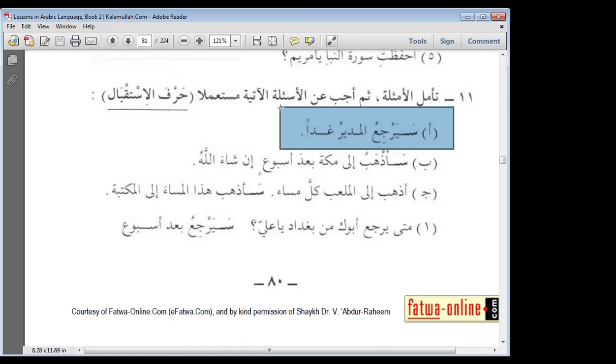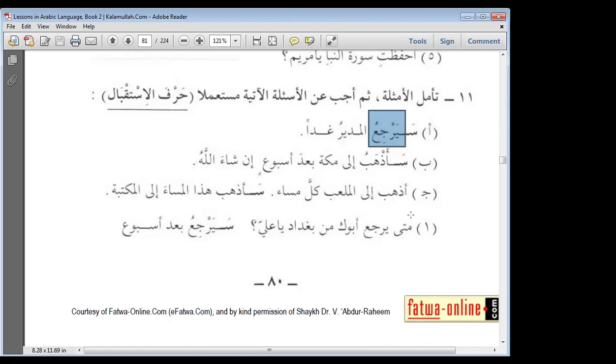سيرجع المدير غدا. سيرجع. So we have the verb رجع يرجع. رجع يرجع. Right? رجع means what? To return. So this is the past tense. رجع, past tense. يرجع is the present tense. Okay? Ya at the beginning. يرجع. He returns.